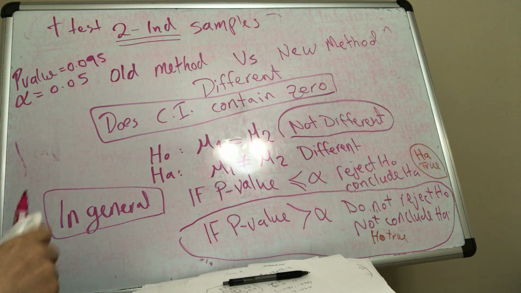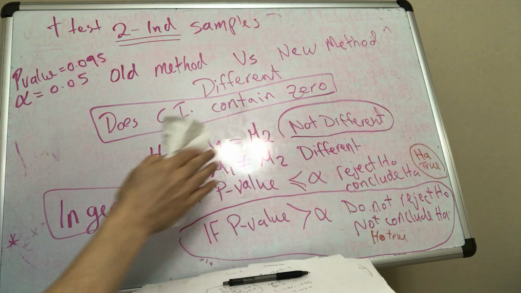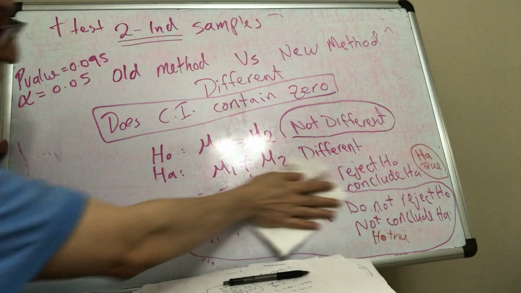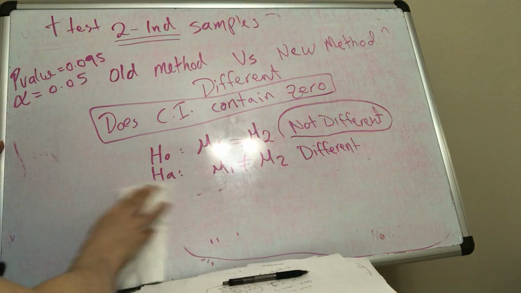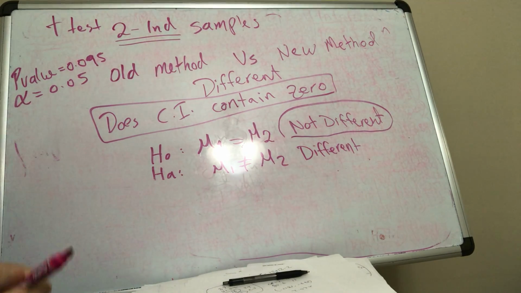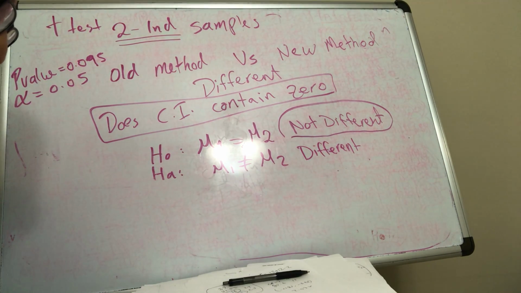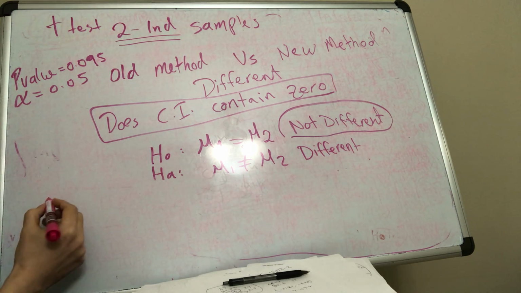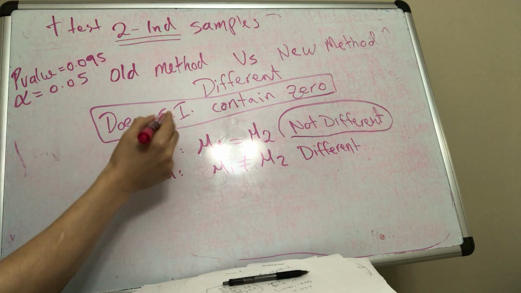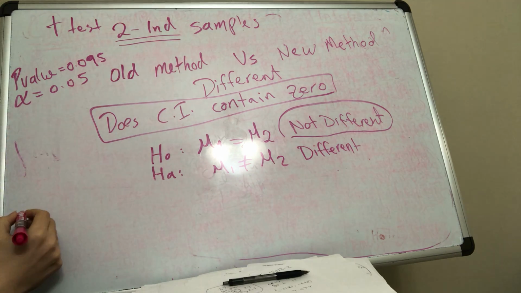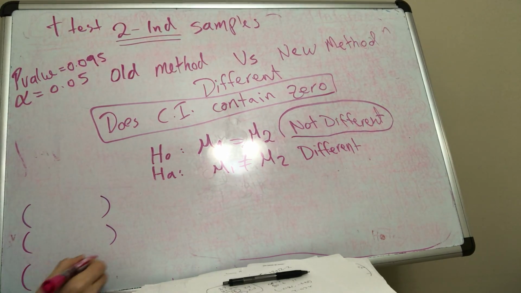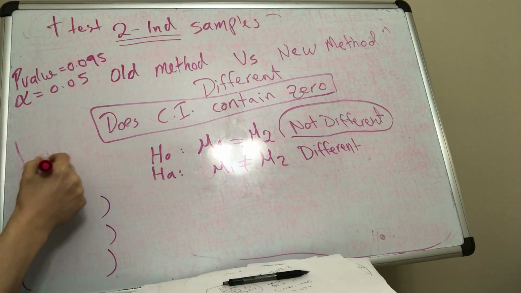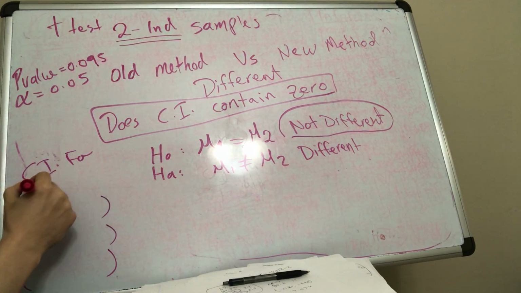Now we go back to the question. Remember, they're not different. Now the question is, does your confidence interval contain the number 0? When you do a confidence interval for two groups, you will end up with 3 possible scenarios.